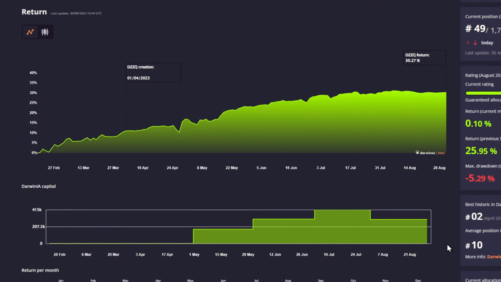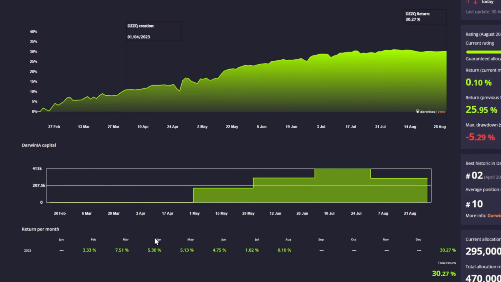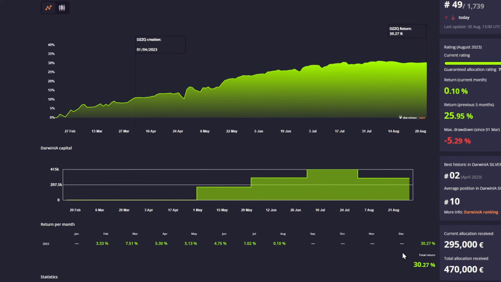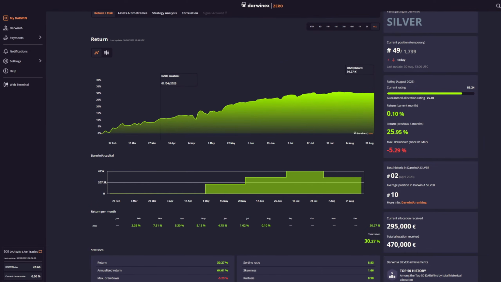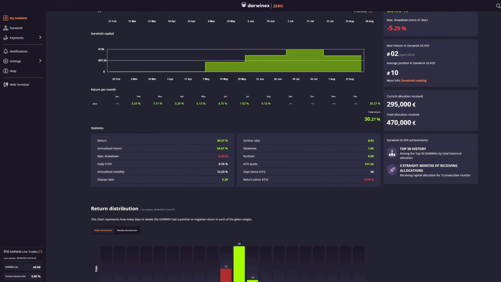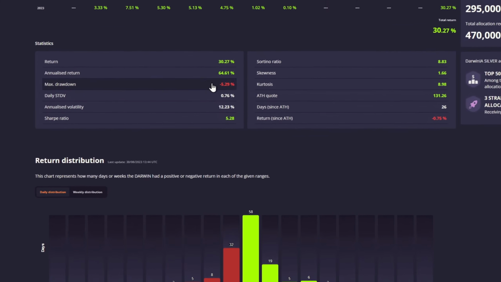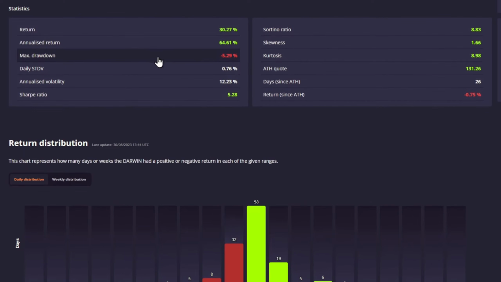If you're more of a numbers person, you can see the return broken down month by month for the whole duration that the Darwin has existed in this panel here, and also see an overall running total of the return year by year here. In the Statistics panel, you'll find some basics such as the annualized return, maximum drawdown and daily standard deviation, but also some key industry standard performance measures such as the Sharpe and Sortino ratios.